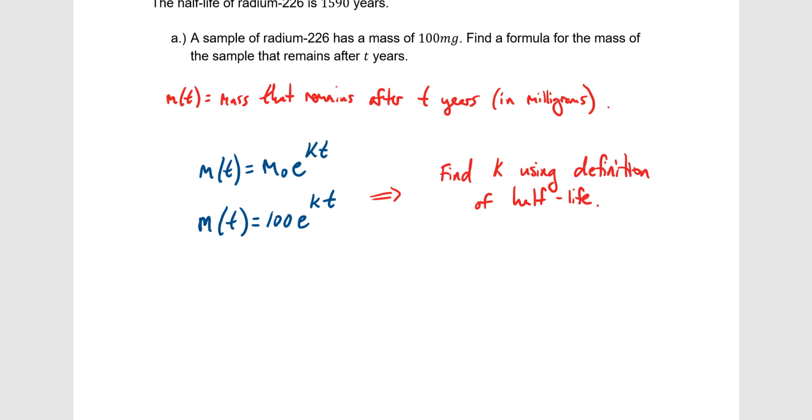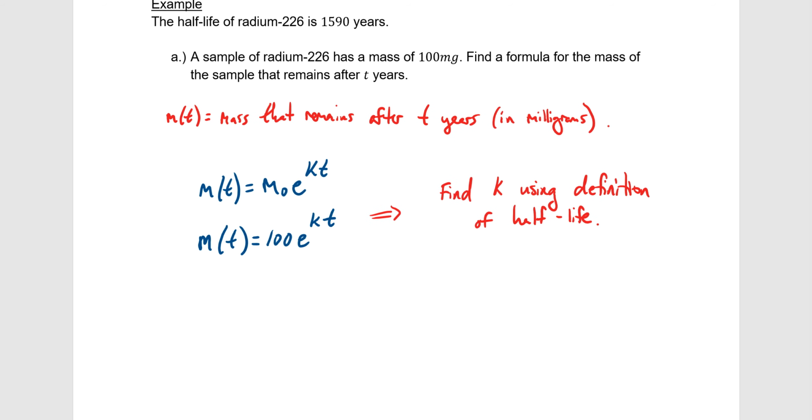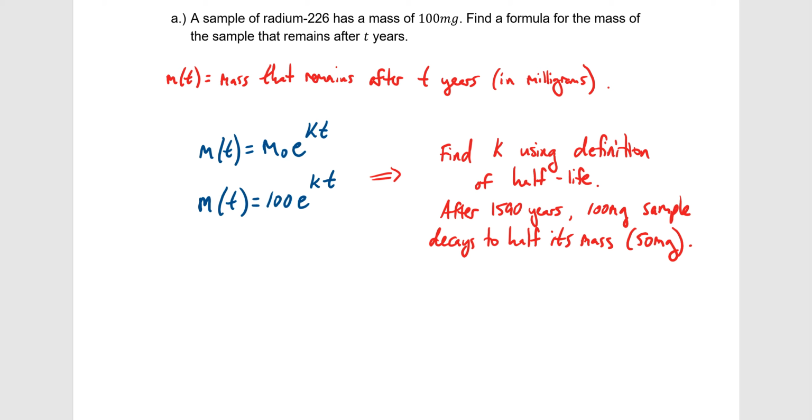So we know, because we were told, that the half-life of radium-226 is 1,590 years. So that means after 1,590 years, the sample is going to decay to half of its initial mass. So that means after 1,590 years, it's going to decay to 50 milligrams, right? We just cut the 100 right in half. It goes from 100 to 50.